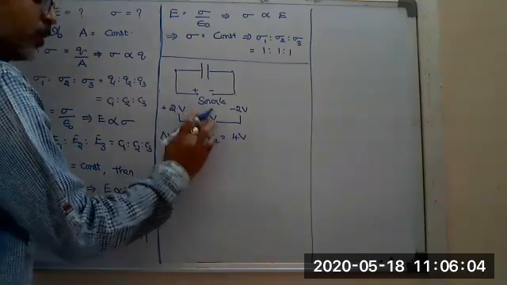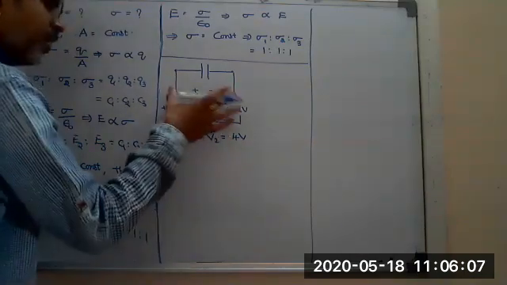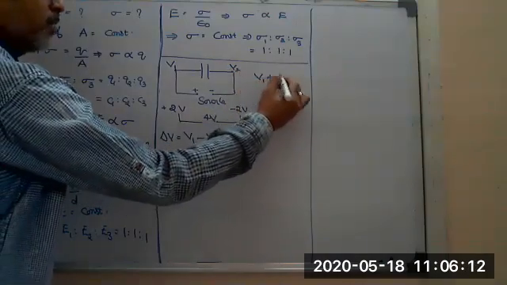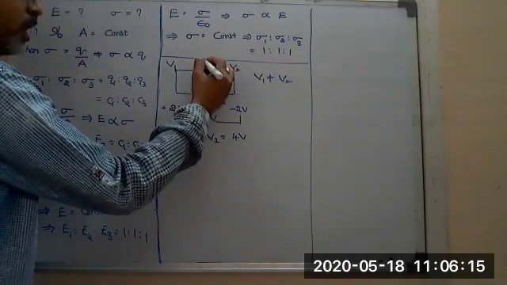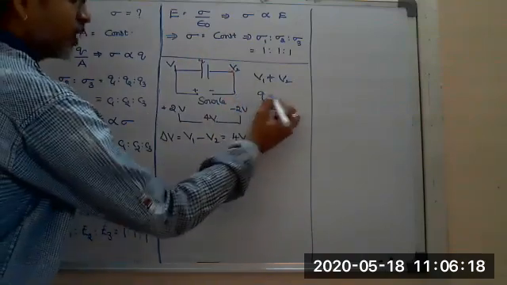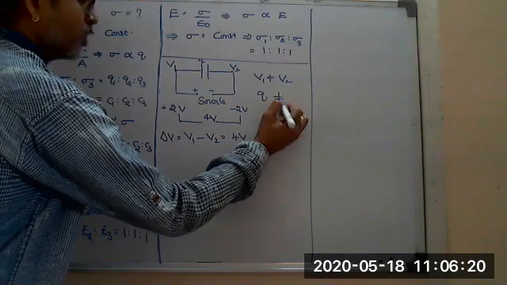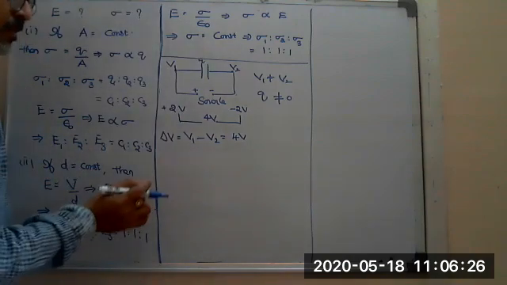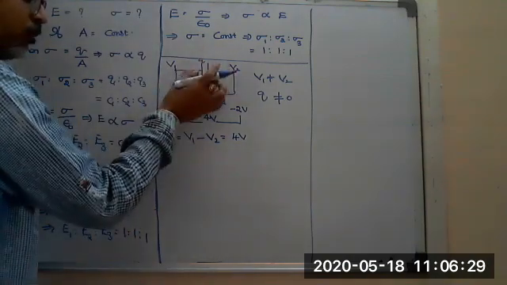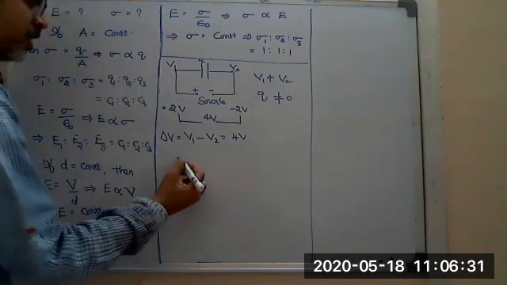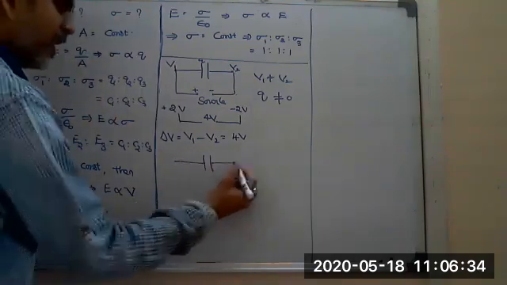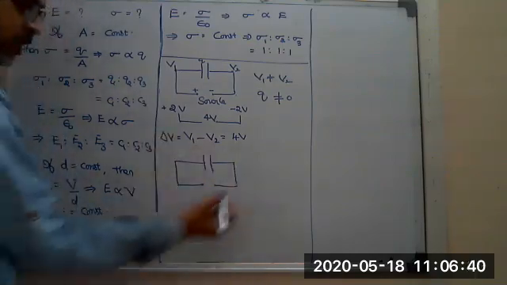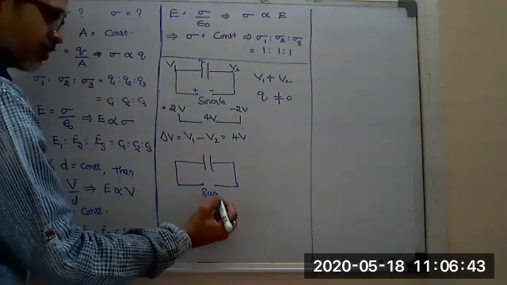So if you maintain a potential difference, meaning the potentials here and there are not equal, then some charge will come to the capacitor and be stored, meaning Q is not equal to 0. You will get some non-zero charge on the capacitor. Now suppose this capacitor is connected to a dead source.